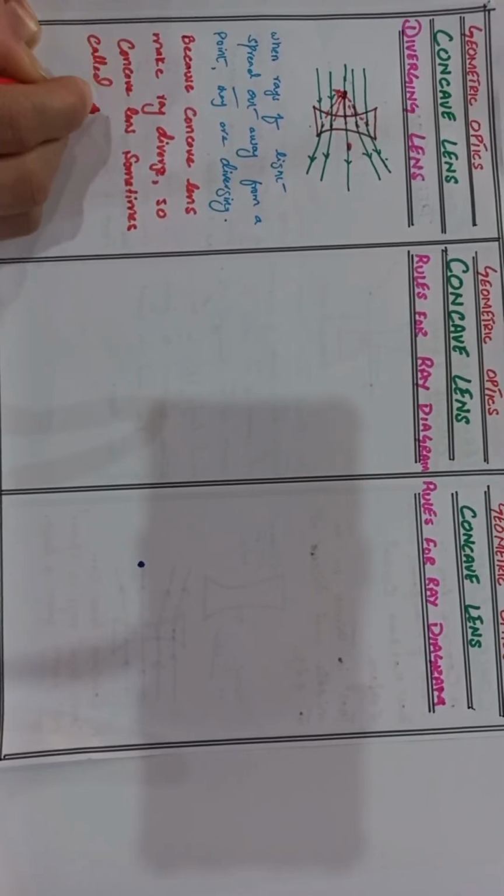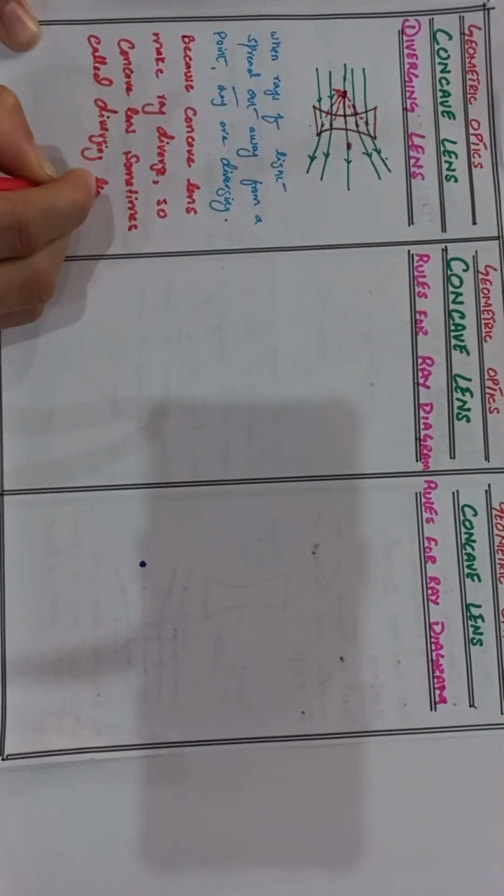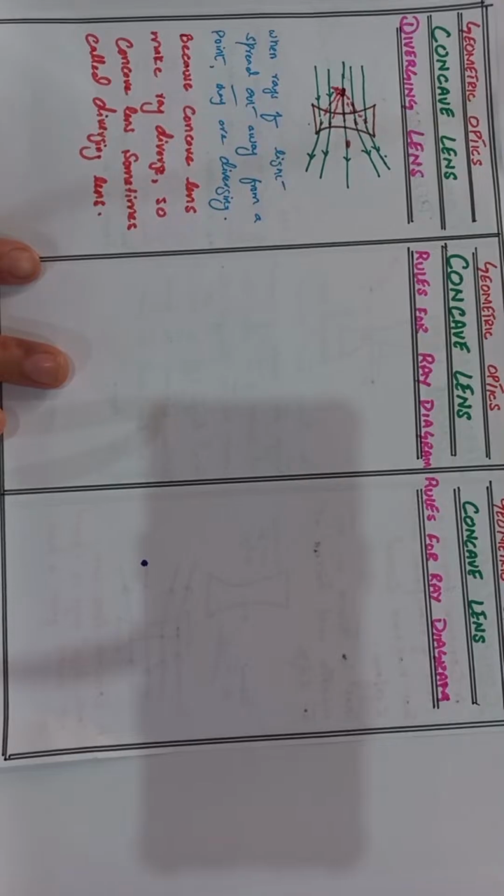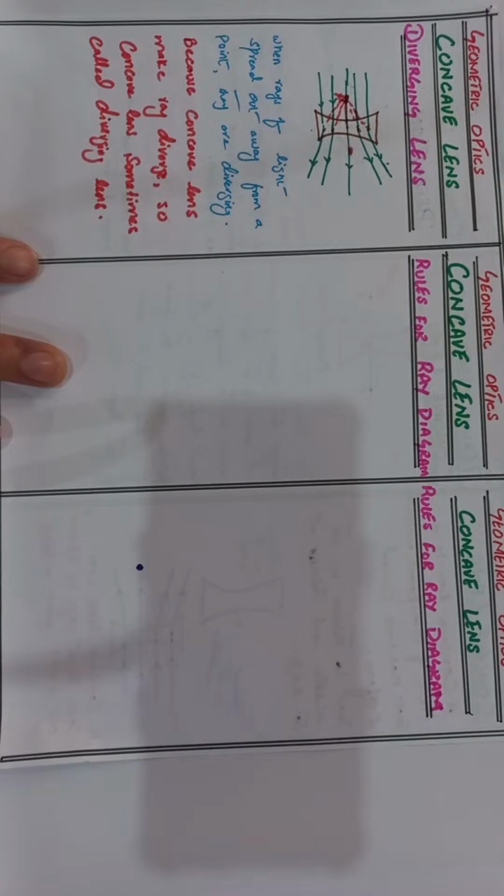So the concave lens is sometimes called a diverging lens. So this is the diverging lens. The concave lens is also called a diverging lens because it diverges the light rays.